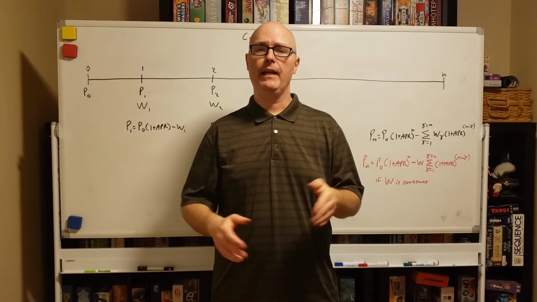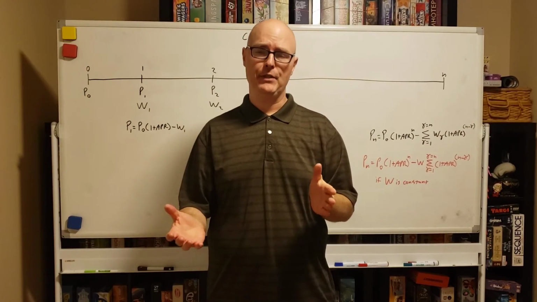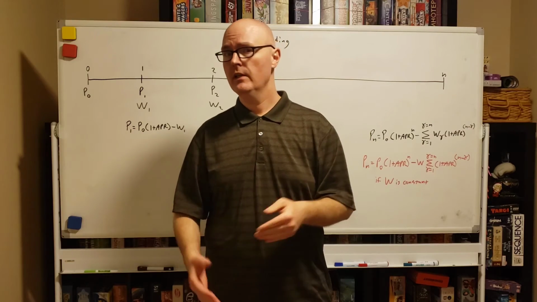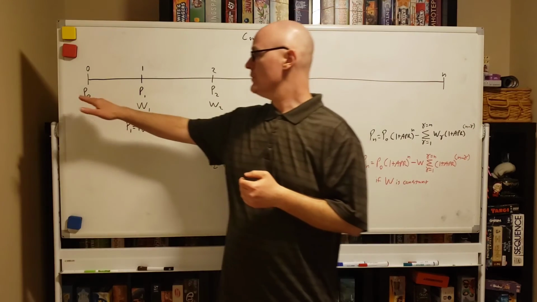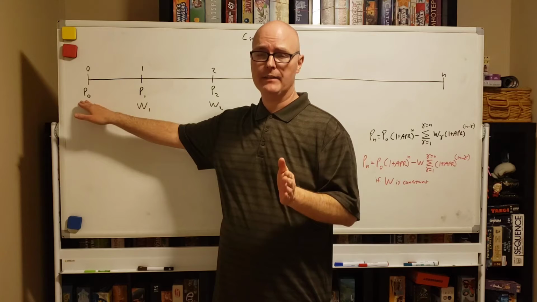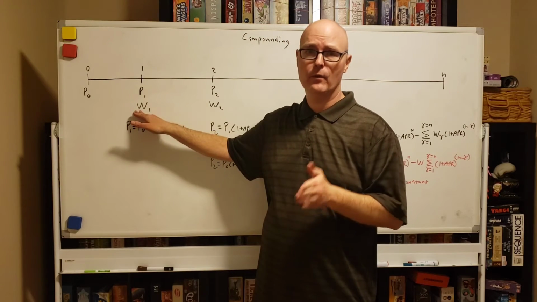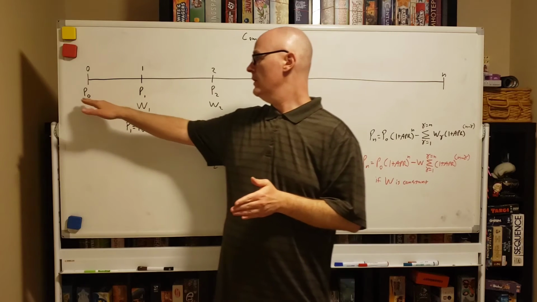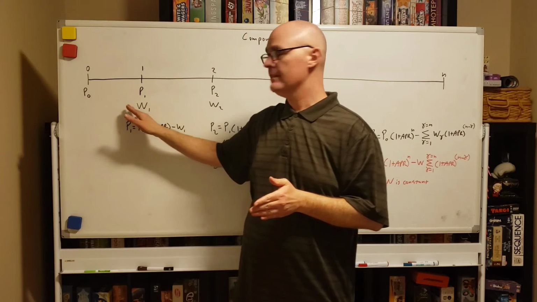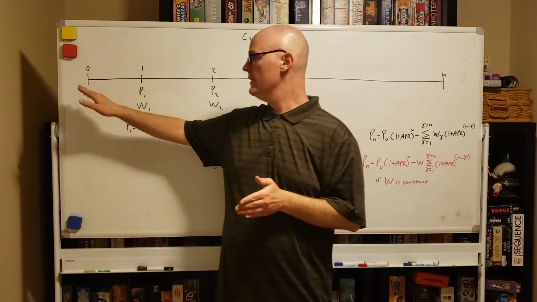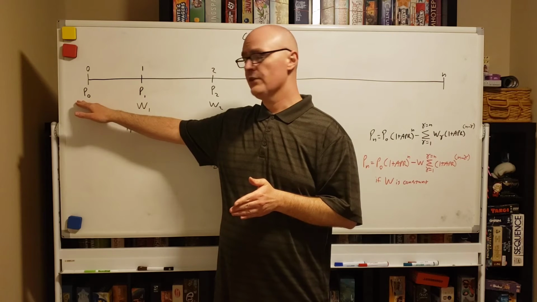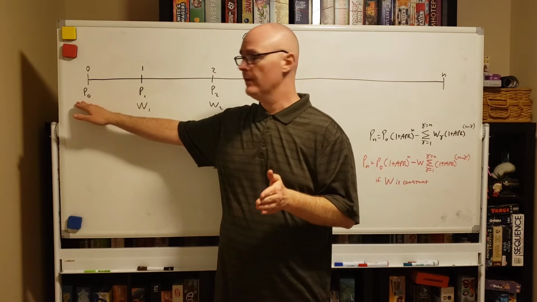So now let's look at a negative contribution case, or a withdrawal. Let's say I start with some principal value at time 0, and I'm going to start withdrawing at year 1. So the amount that I would have in this account on year 0 is the principal at year 0.